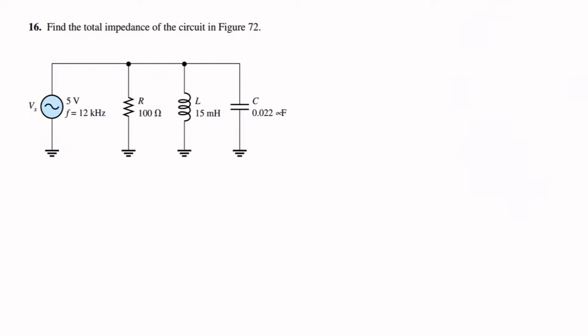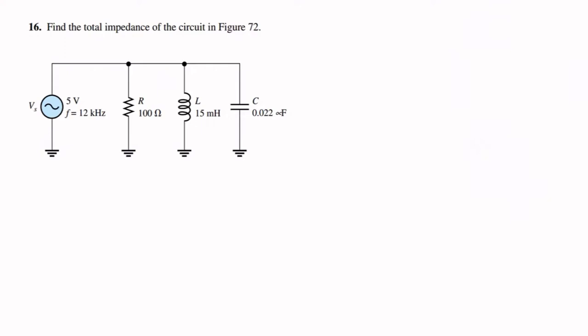The value of the resistor is 100 ohms, the value of the inductor is 15 millihenry, and the value of the capacitance is 0.022 microfarad. There seems to be some sort of error in the typing, so that's supposed to be microfarad.